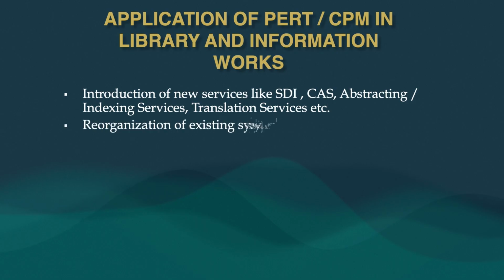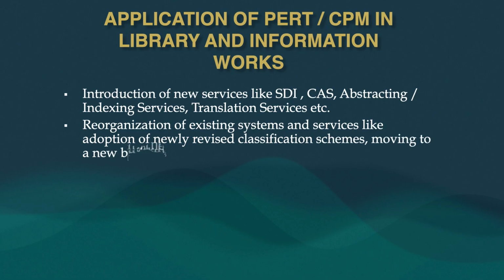Next is reorganization of existing systems and services like adoption of newly revised classification schemes, moving to a new library building, etc. In these areas, PERT and CPM may be applicable.